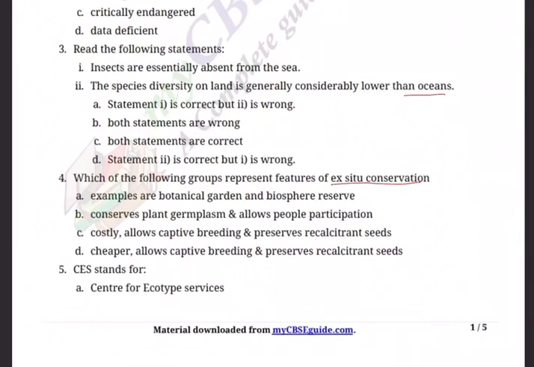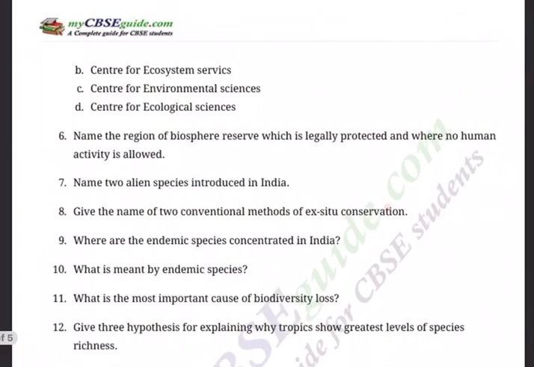D. Cheaper, allows captive breeding and preserves recalcitrant seeds. Now, question 5. CES stands for A. Center for Ecotype Services. B. Center for Ecosystem Services. C. Center for Environmental Sciences. D. Center for Ecological Sciences. So these are all MCQs, multiple choice questions.